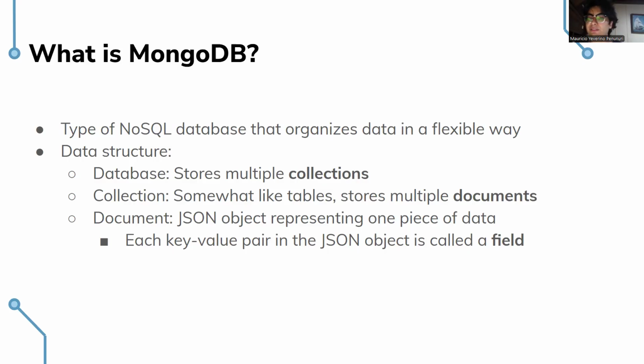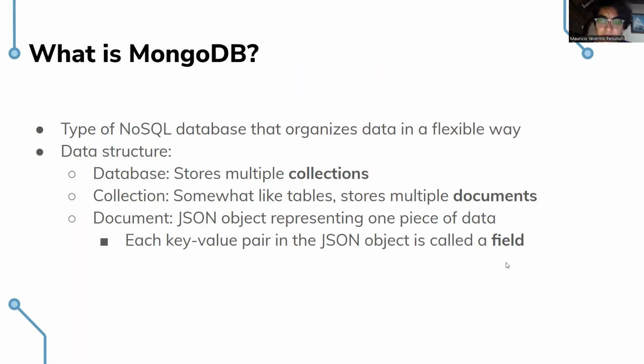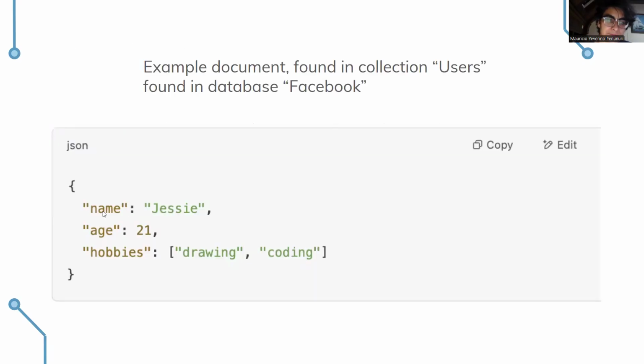Each key value pair in the JSON object is called a field, and we'll see an example. Here we have a JSON object, which is the document that you're going to insert into your collection. This can be an example document found in the collection users in a database called Facebook.